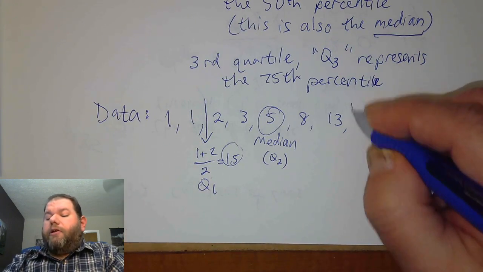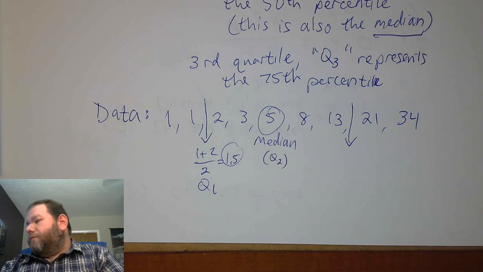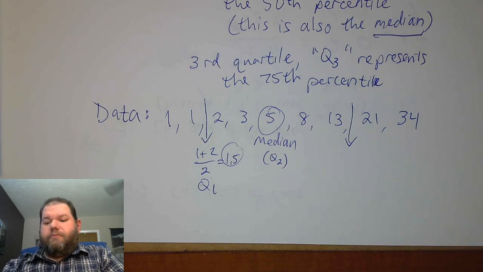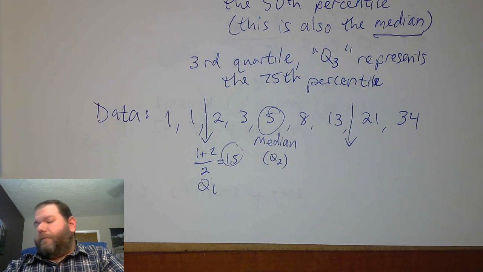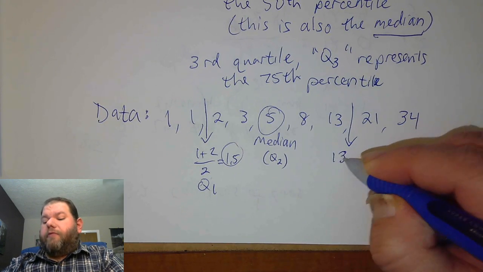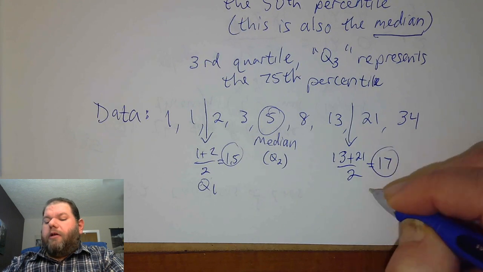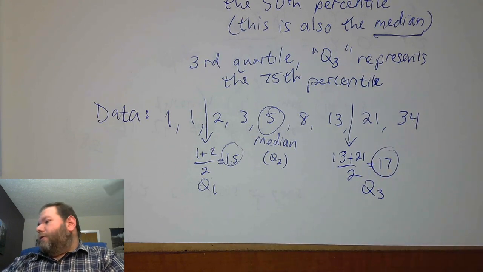So what number is halfway between 13 and 21? 17, right? And that's our third quartile.